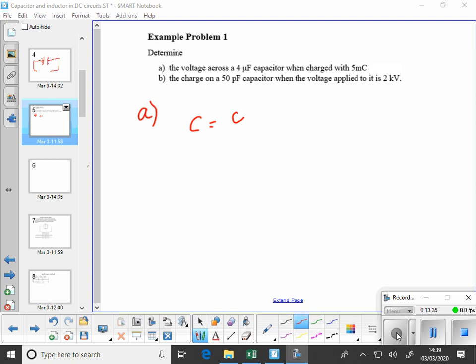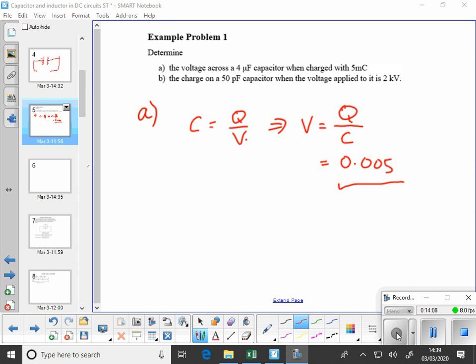C is equal to Q over V. So we've got to find the voltage, V equals Q over C. And Q is 5 millicoulombs, or 5 times 10 to the minus 3 if you prefer it that way.